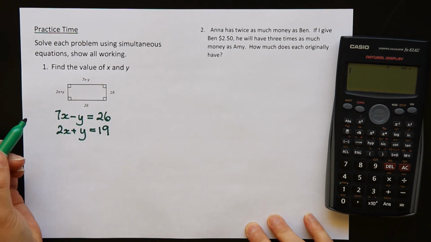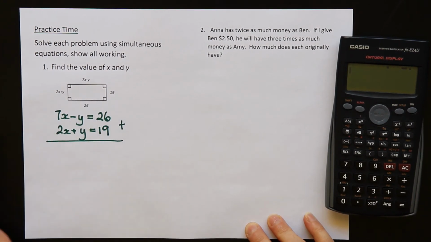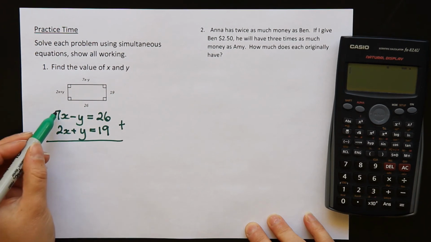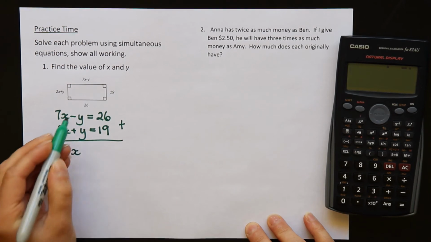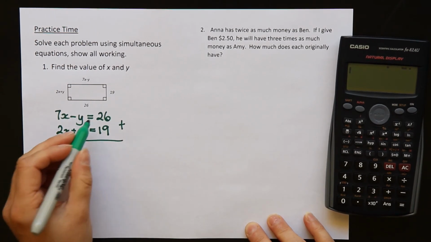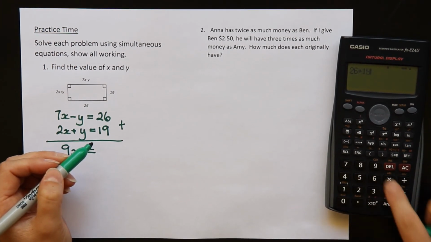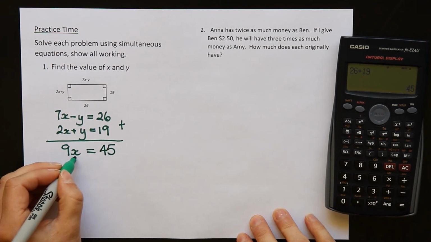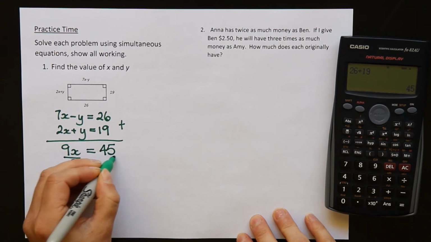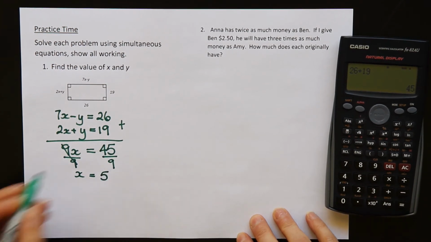Okay, substitution or elimination, I'm going to do elimination again because I will add those equations for the y's to be eliminated. 7x plus 2x is 9x. Minus y plus y cancels out. And 26 plus 19 is 45. Okay, then to get rid of the 9 here, we're going to divide by 9. And we will find that x is equal to 5.